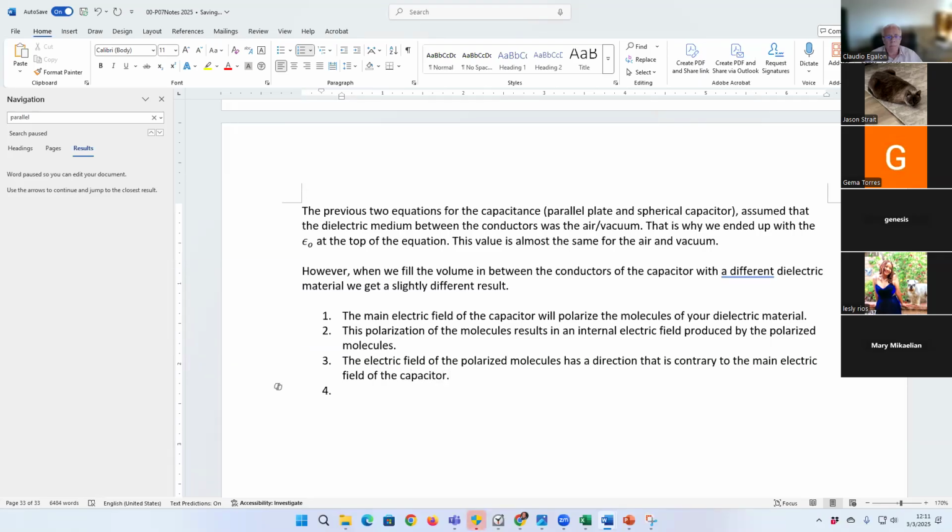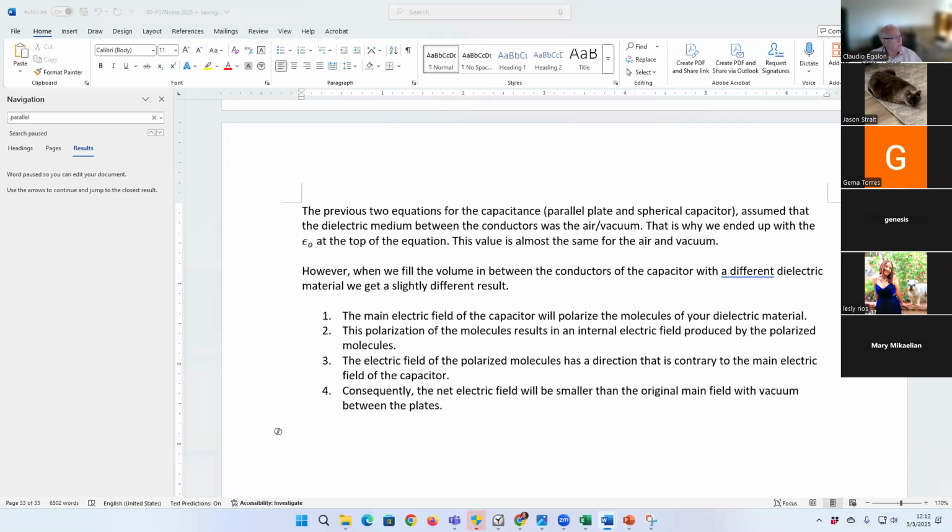Okay, here you go. Consequently, the net electric field will be smaller than the original main field with vacuum between the plates.